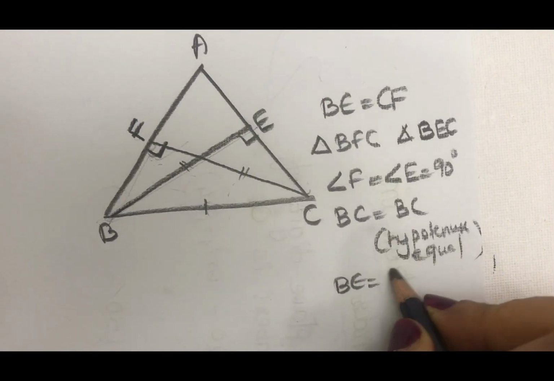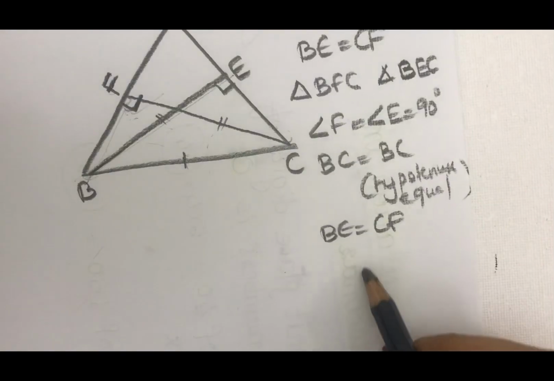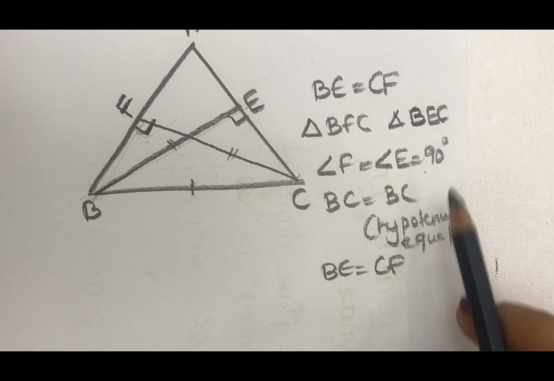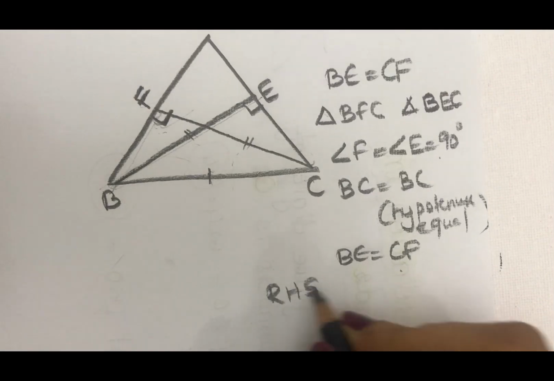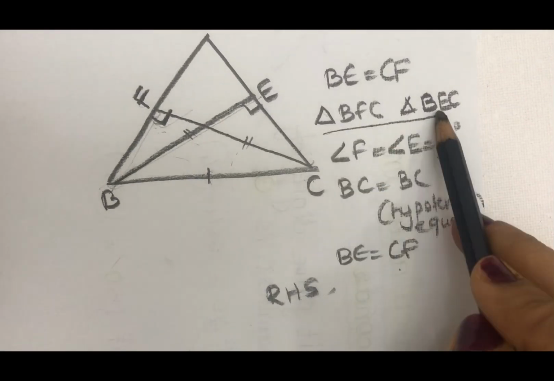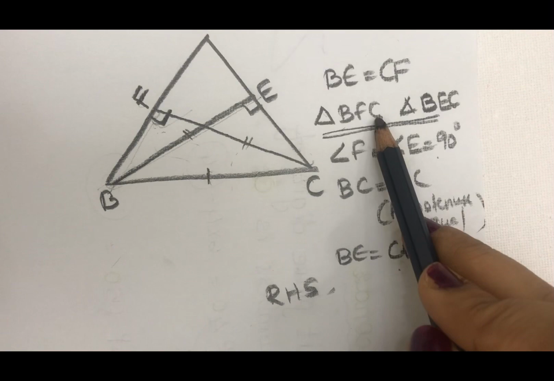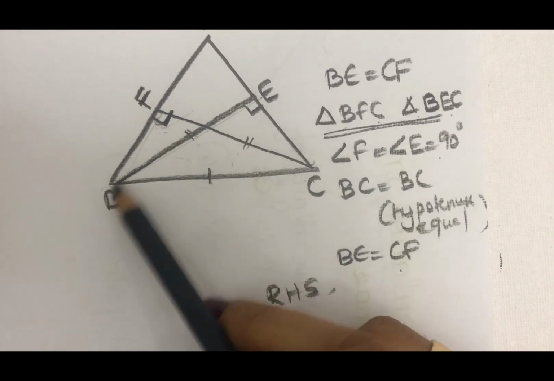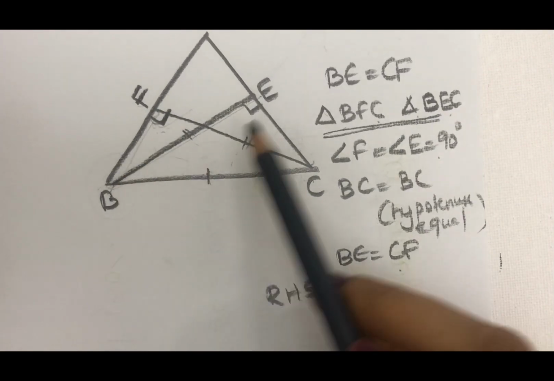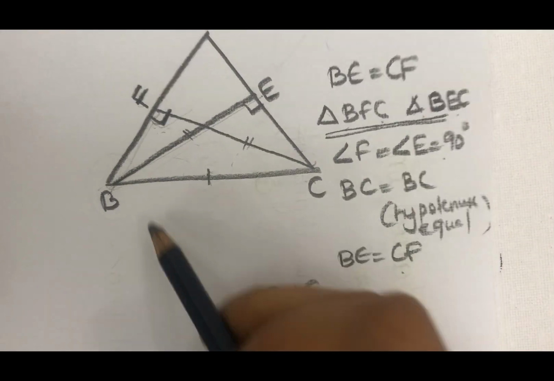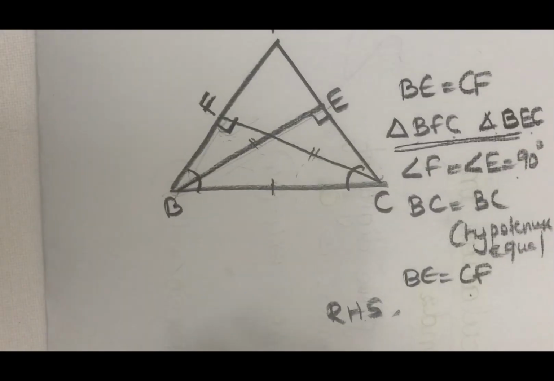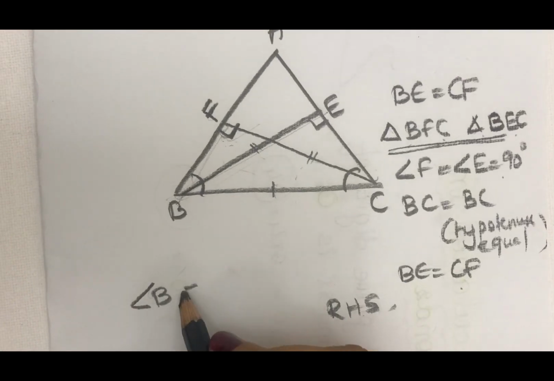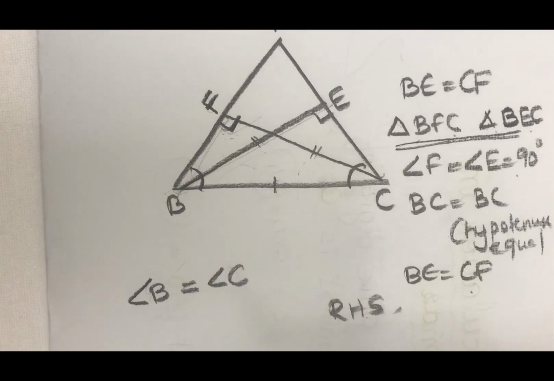So we have right angle, hypotenuse, side. By RHS, these two triangles are congruent, BFC and BEC. So obviously angle B is equal to angle C by CPCT.